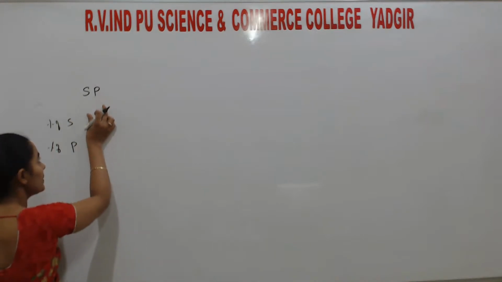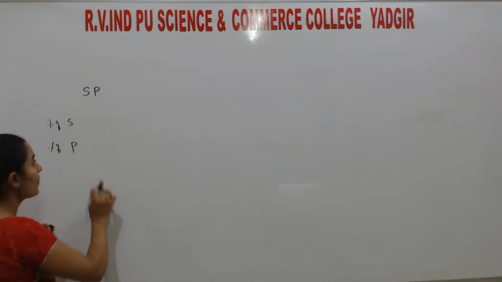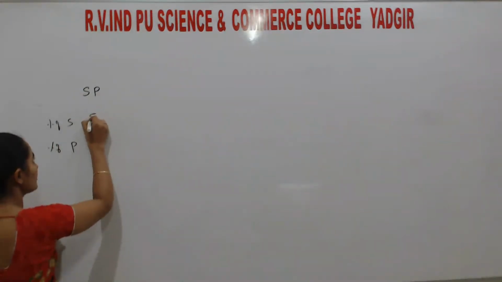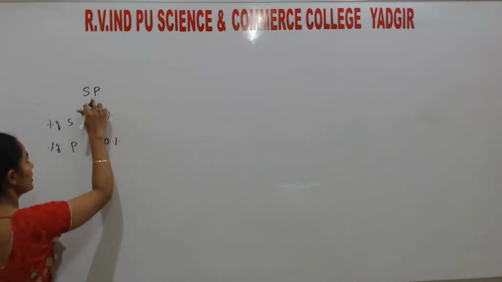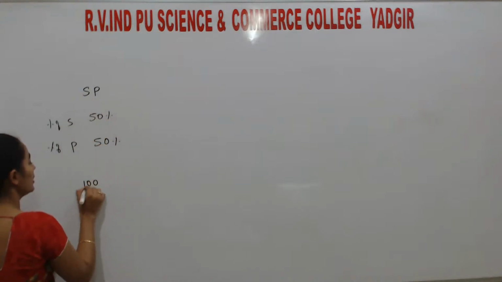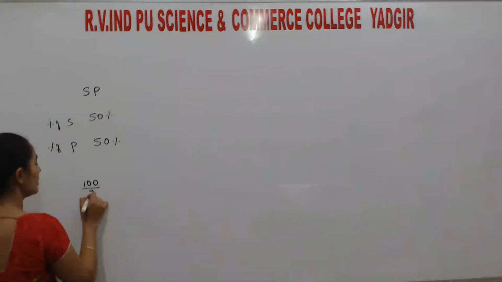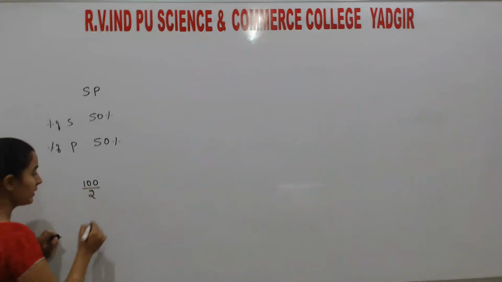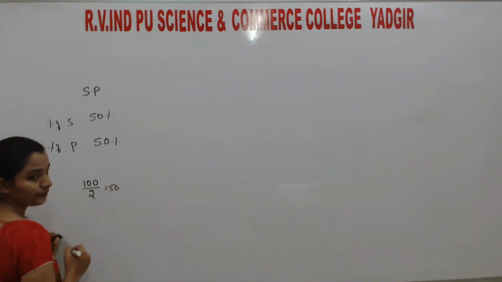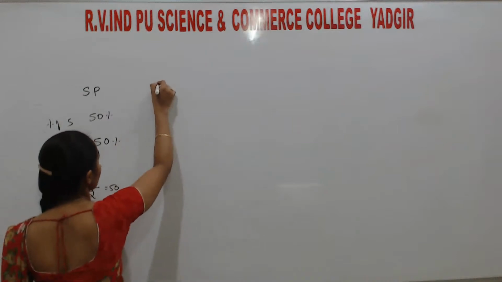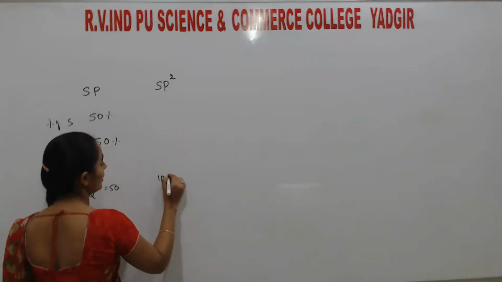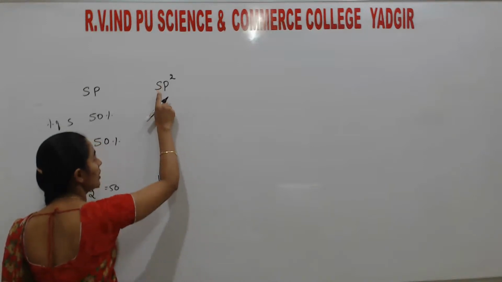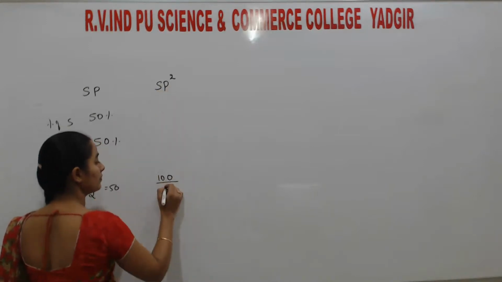In sp hybridization, the percentage of s character is 50%. It is also 50% for p, because 100 divided by how many orbitals? s and p, two orbitals. So that is 50.